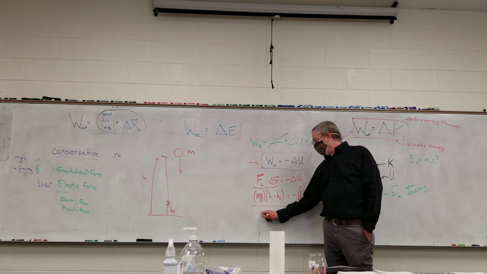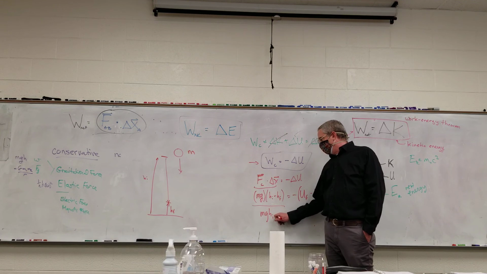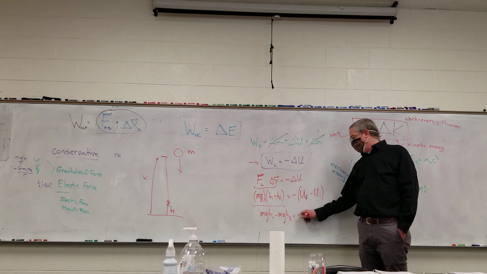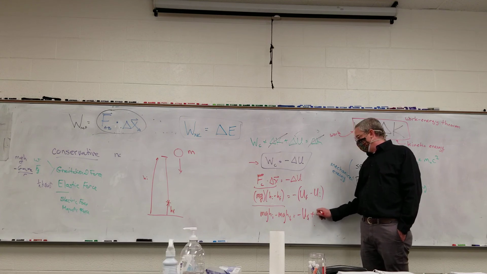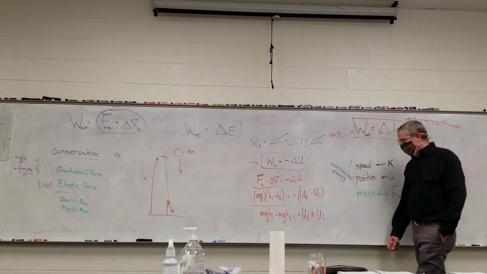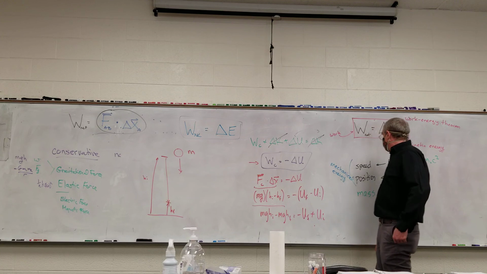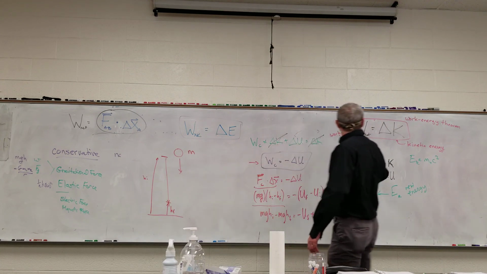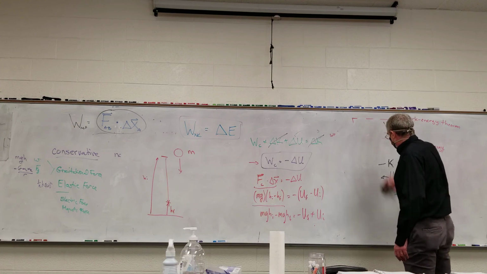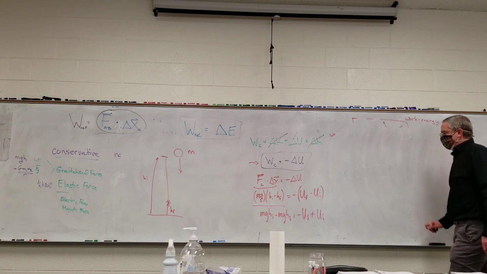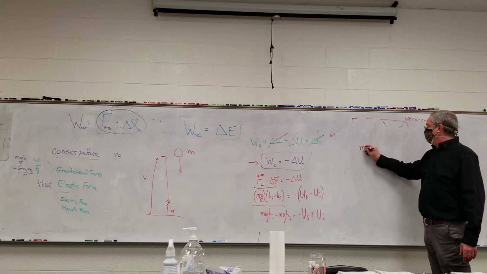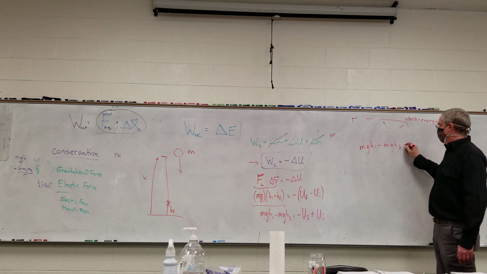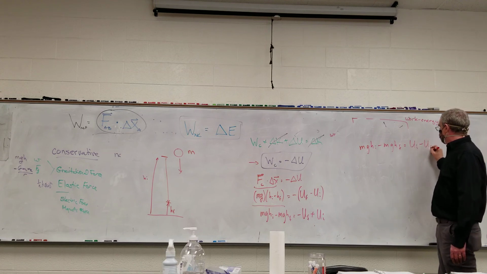So now we have mgh initial minus mgh final is equal to negative U final plus U initial. Or writing it slightly differently, mgh initial minus mgh final equals U initial minus U final.